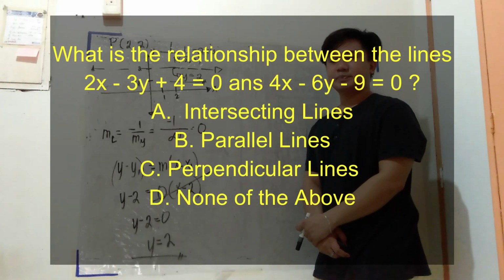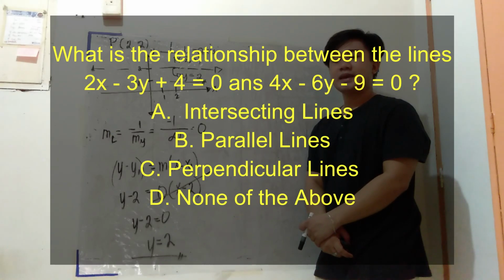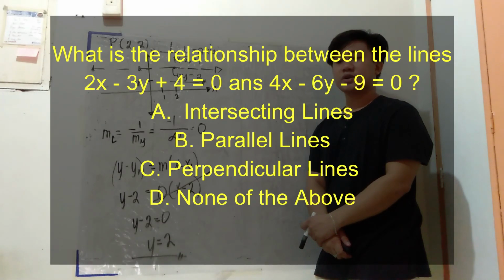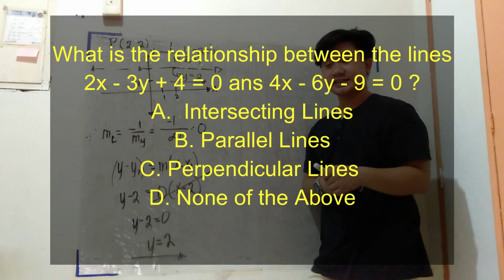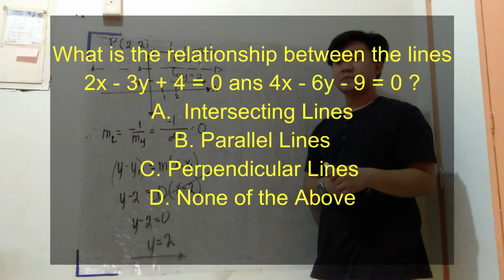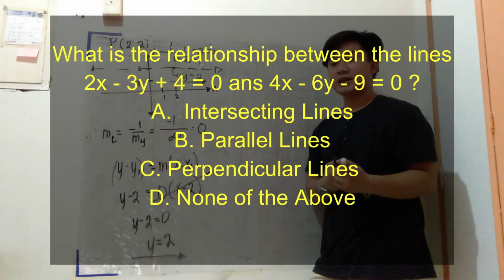What is the relationship between the line 2x minus 3y plus 4 equals 0 and the line 4x minus 6y minus 9 equals 0? We have choices: intersecting lines, parallel lines, perpendicular lines, or none of the above.